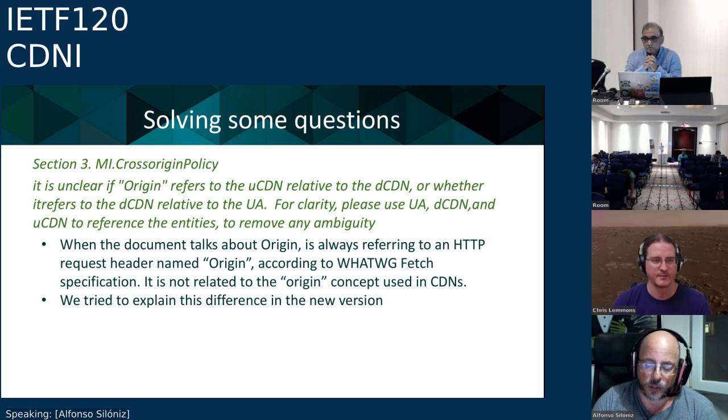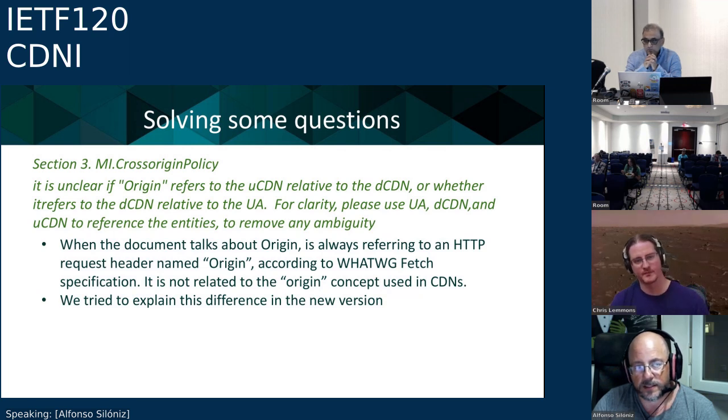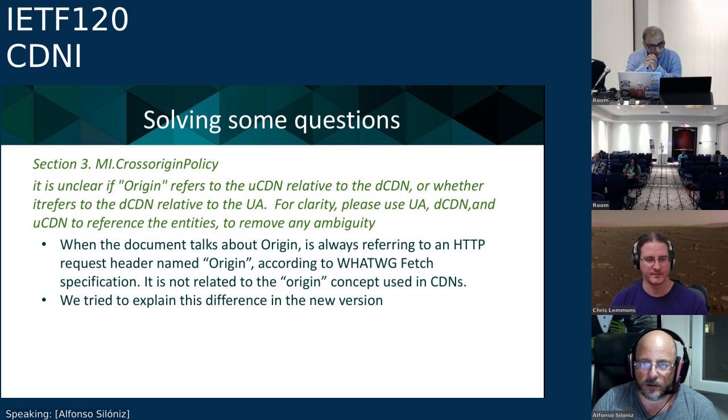One of the comments from Kevin was that the concept of the origin in the draft was not clear. I understand his concerns, because when we are talking about CDNs, downstream and upstream CDNs, in terms of the origin, we usually think about the system where the CDNs are going to acquire the content that is going to be cached and served.